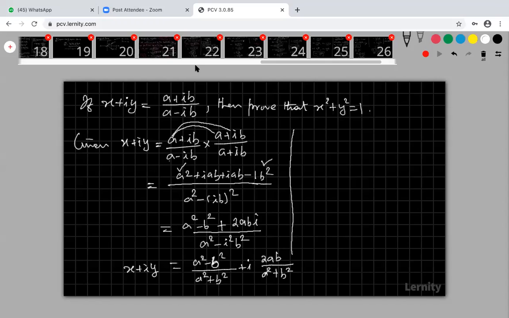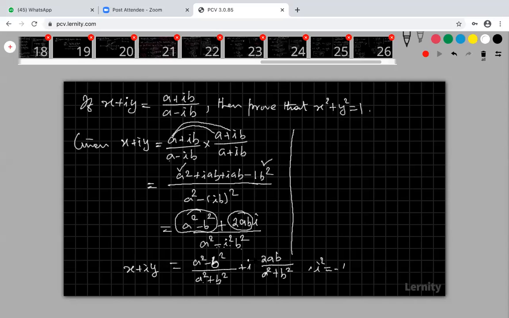Right. So, this one. Yeah, this is your i square is minus 1. Look at that. My i square is minus 1, and minus 1 into minus will become plus. So therefore the denominator is a square plus b square. Now I am going to write it as this divided by the denominator and this divided by the denominator.